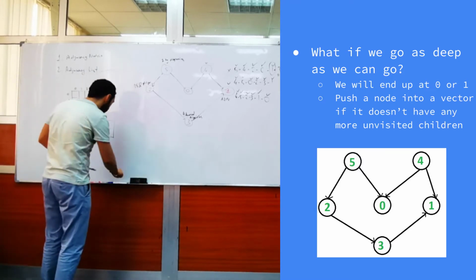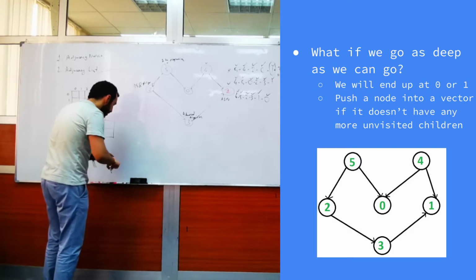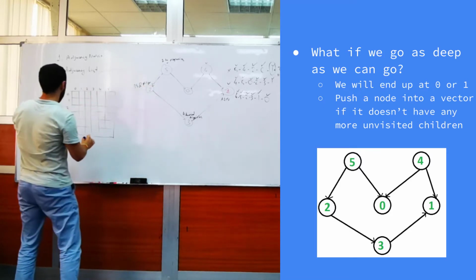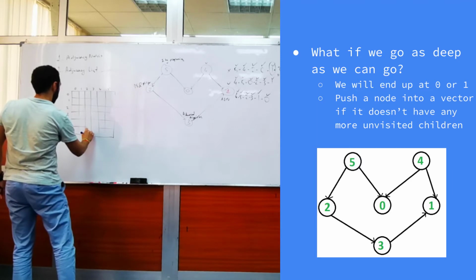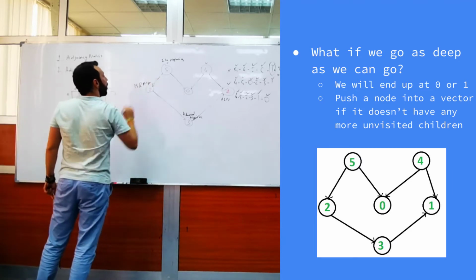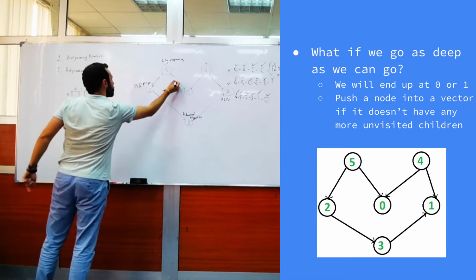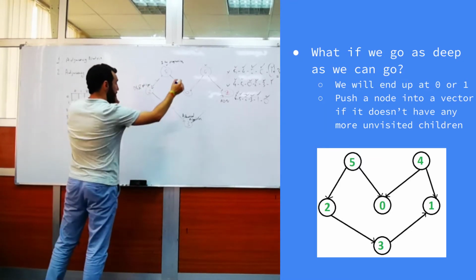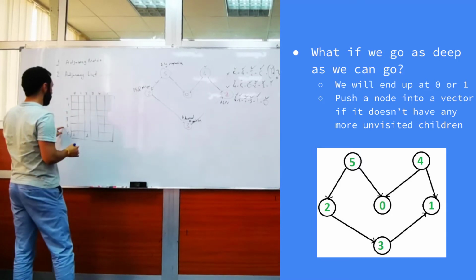And we can only indicate once, and this is a directed graph, so let's see. We have an edge from 5 to 2. We have an edge from 5 to 0. We have an edge from 4 to 0.